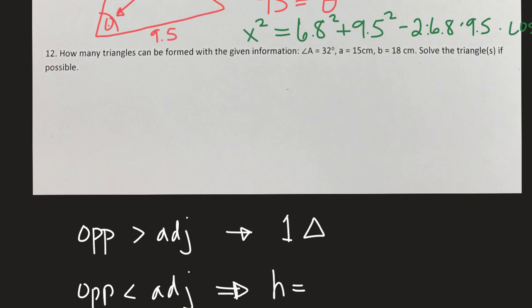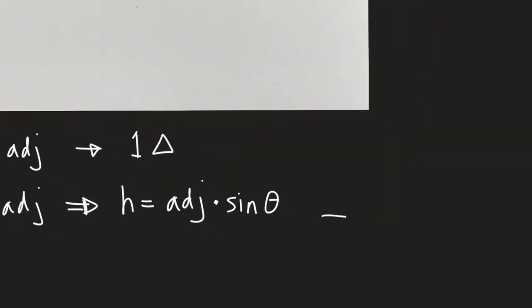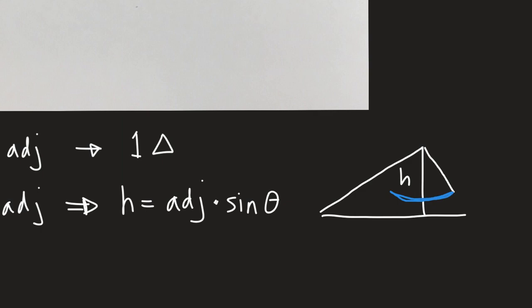some more work. We have to first calculate the height of our triangle, because that really determines if we're going to have any triangles at all, right? Because if the height of your triangle is greater than that opposite side, then it's like a swing set and we don't have enough space for our third side to even contact that bottom, and we're going to have no triangles.